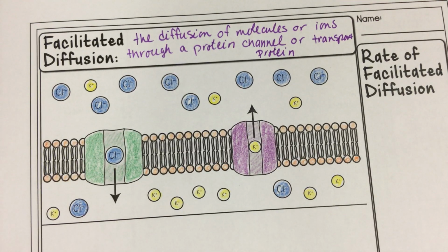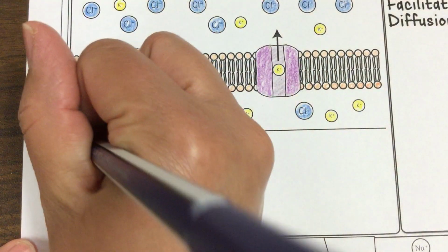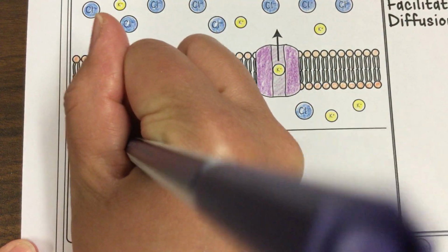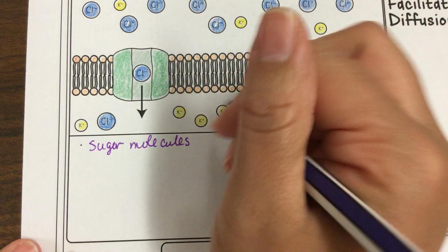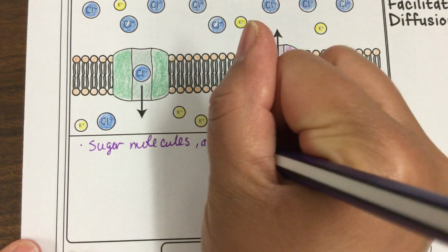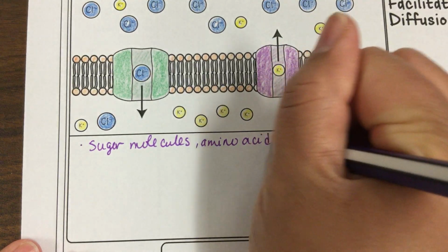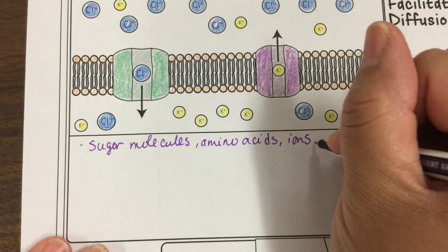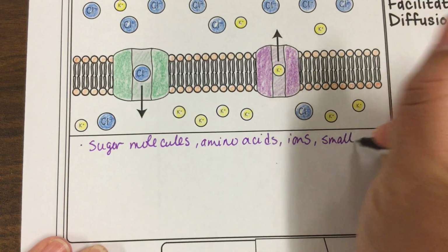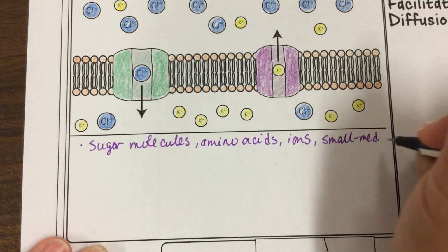So same thing, our goal is to get to equilibrium, but these molecules are too big, they're not going to flow through the membrane directly. Usually the molecules that do this are things like sugar molecules, amino acids, ions, and molecules that are small to medium size.